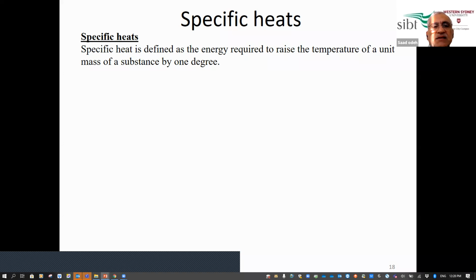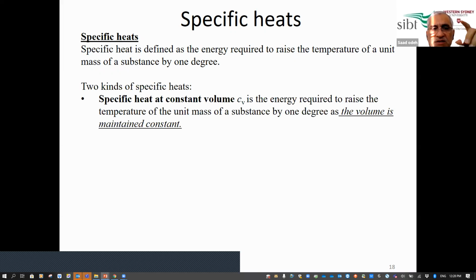Specific heat is the energy required to raise the temperature of a unit mass of a substance by 1 degree. And each substance has its own specific heat.